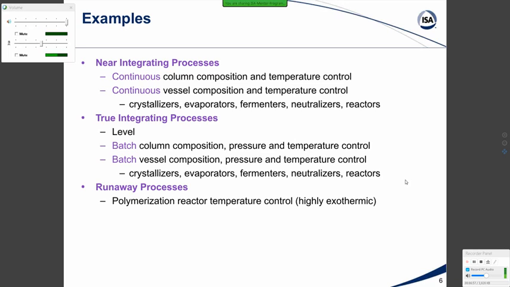What they have is release systems, and the reactor blows its contents over to the release system when things just take off and accelerate too much. It also has implications for how we tune the controller. In those instances, we didn't use any integral action and used mostly gain and derivative action to help prevent the runaway and getting into the acceleration.